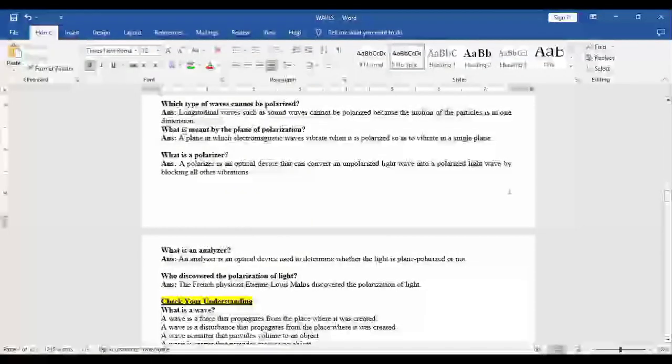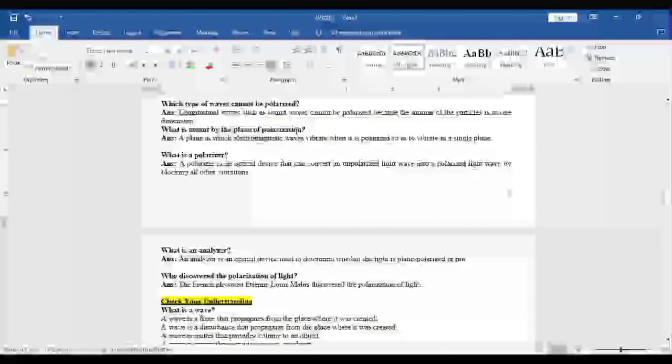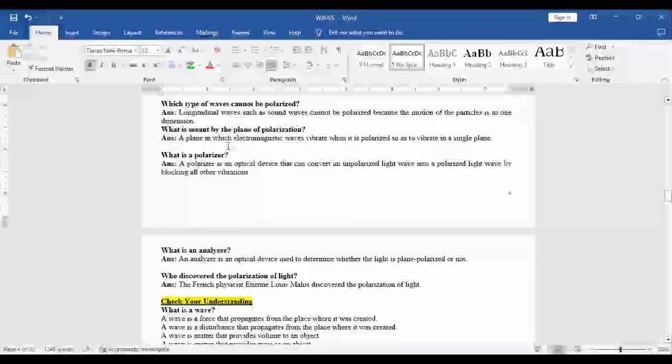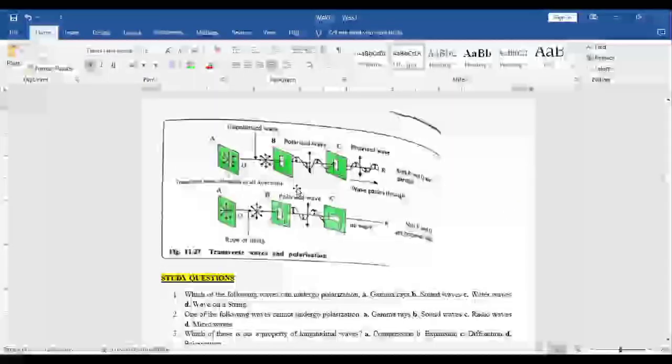This other one says, what is meant by the plane of polarization? A plane in which electromagnetic waves vibrate when it is polarized so as to vibrate in a single line. So that line that you saw here is what they mean by plane of polarization.